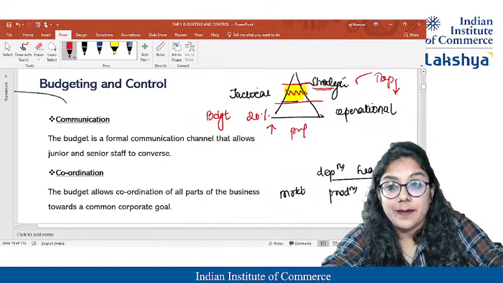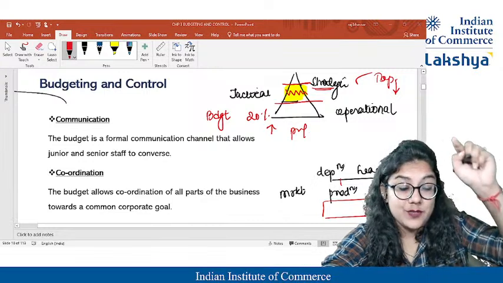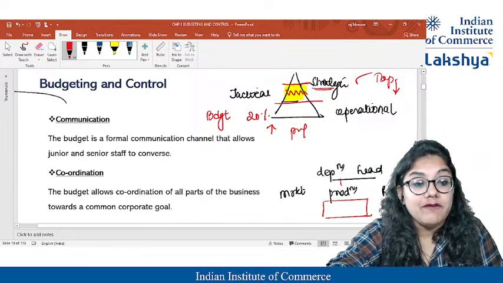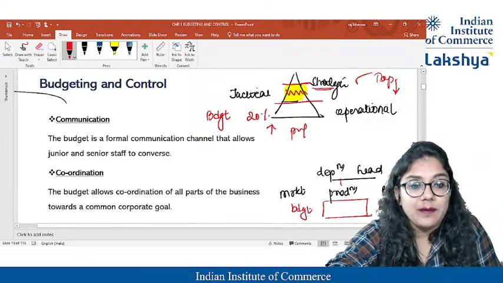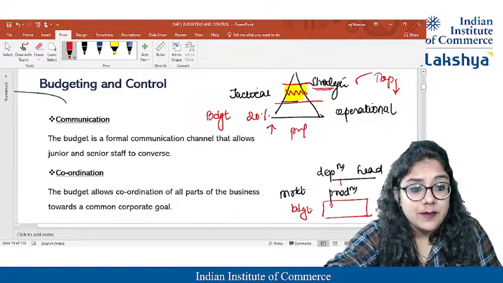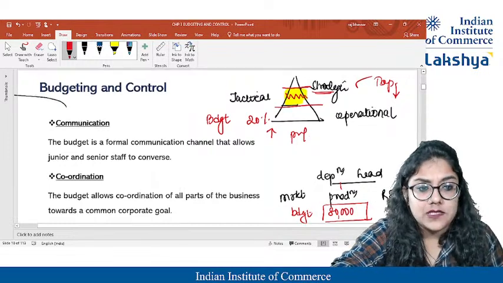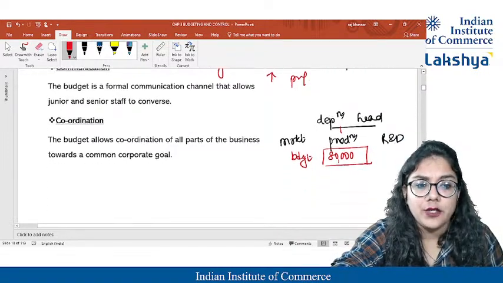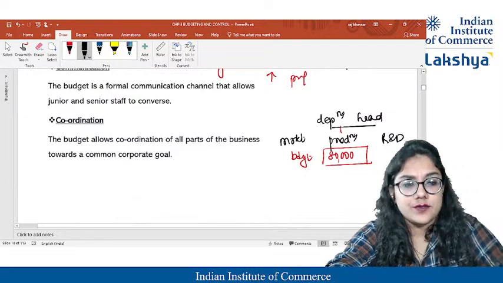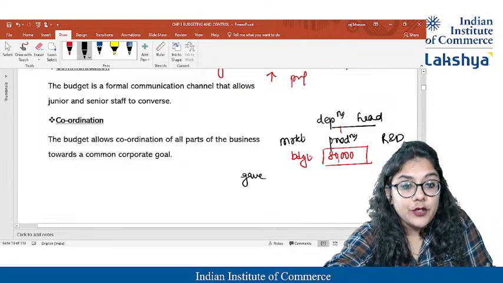Let's say the production department tells the top management, okay, my department can produce, we can give a budget of 80,000 units per annum. This is the budget the production manager gave to top management.